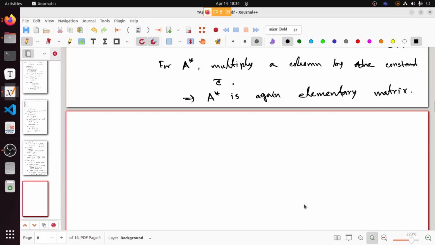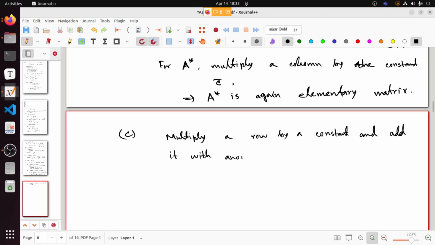So it will again be transformed into columns, right? Now for A star, what will it be?